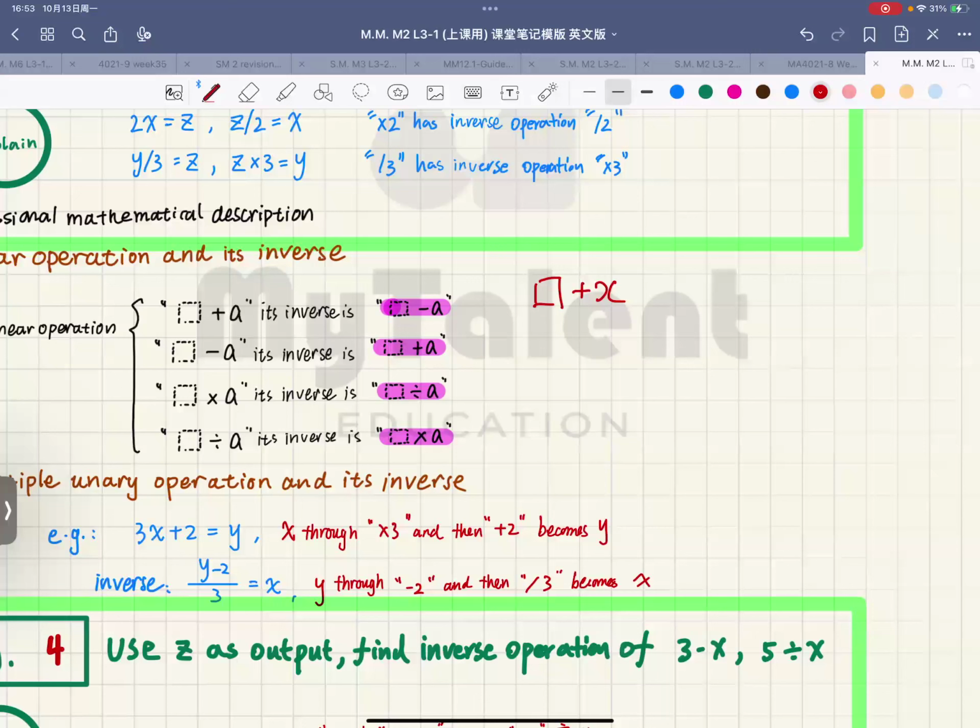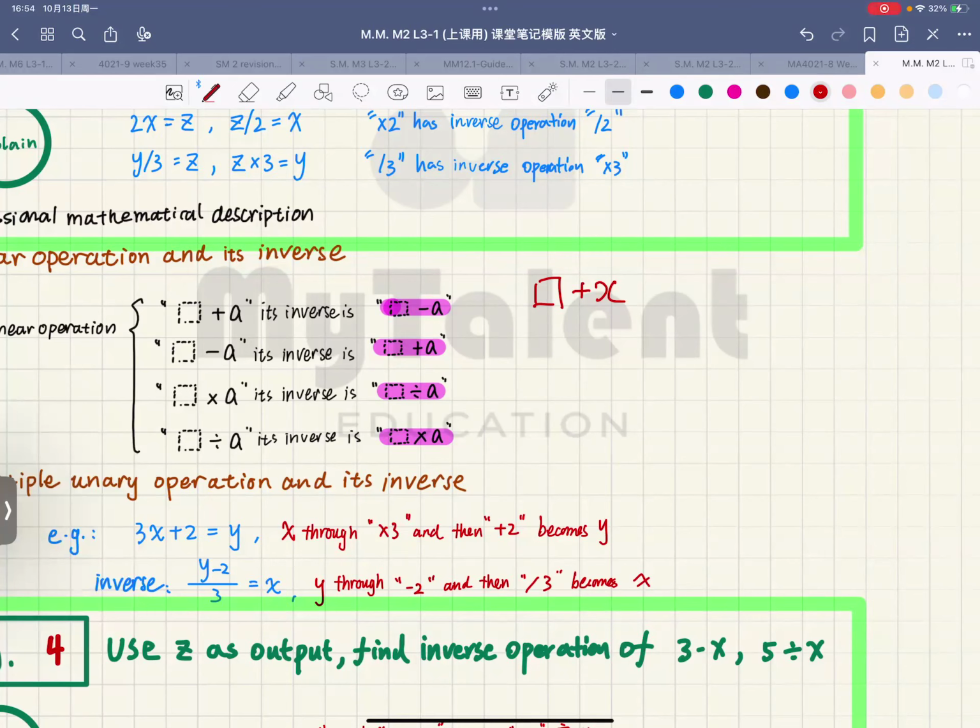Can you remember the definition of linear operation? Okay, so basically, linear operation is you plus, minus, times, or divide by a constant. So is that plus, minus, divide, or multiply? Is that one of them? Yes. Is the x a constant?